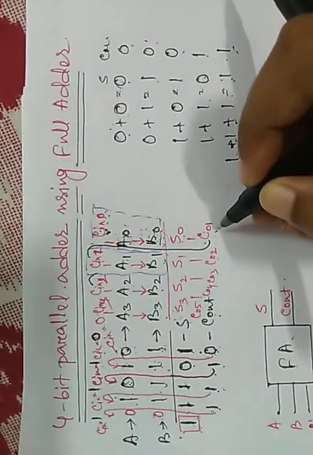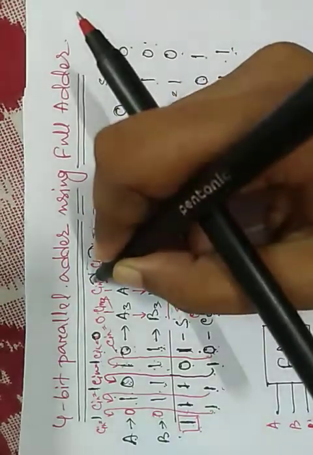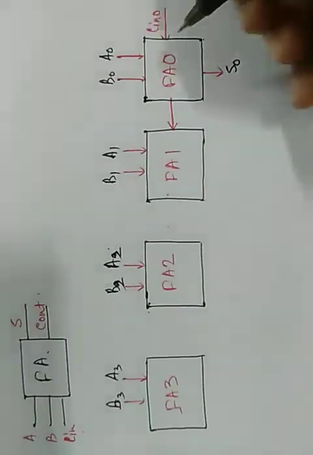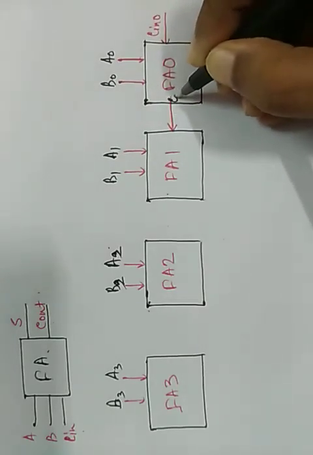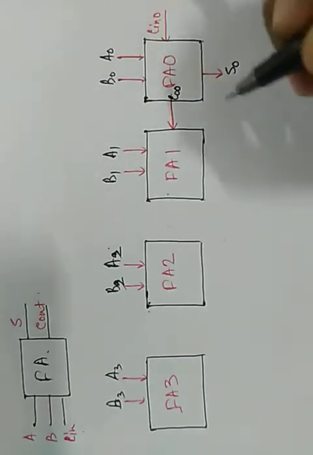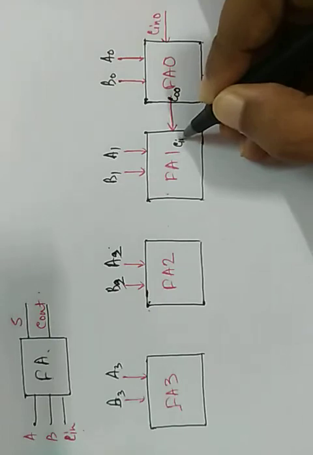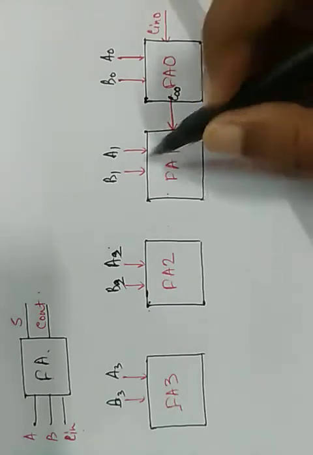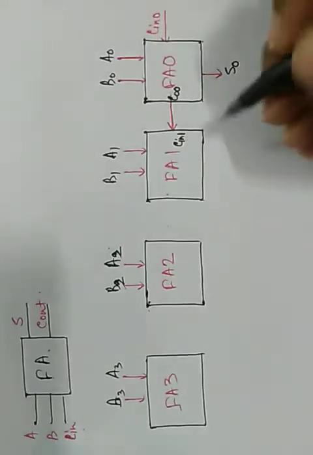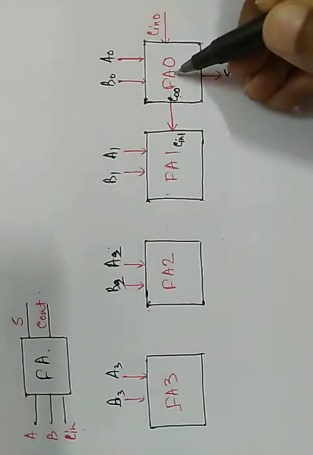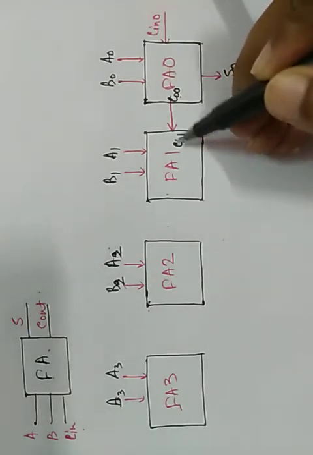C out 2 goes as C in 3, that means the previous addition goes to its next addition. Okay, so here I give C out 0. So C out 0 goes as C in 1 in its next addition, the C out of the previous full adder goes as the C in of the next adder.